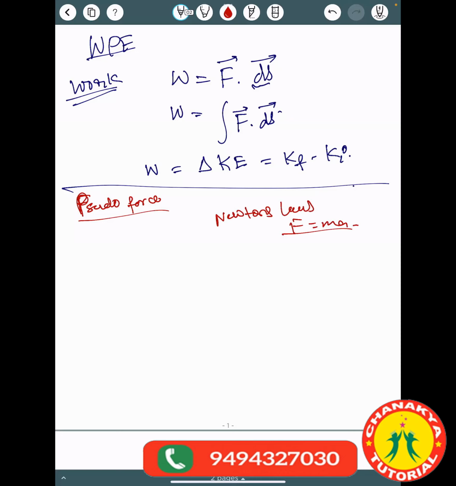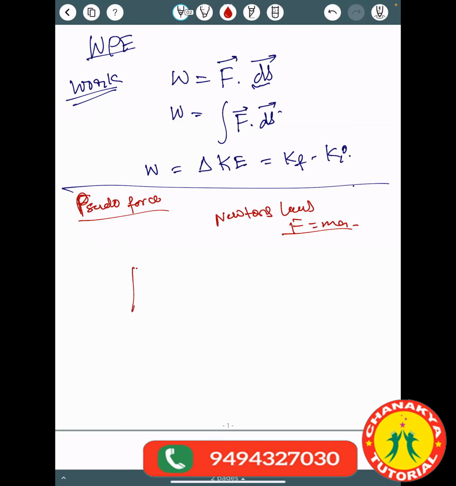We assume that earth is not accelerated. It is a fixed frame. Though earth is rotating, there is some acceleration, but we ignore all those things. We say that earth is not accelerated and it is a frame of reference. From there only you can apply Newton's laws.